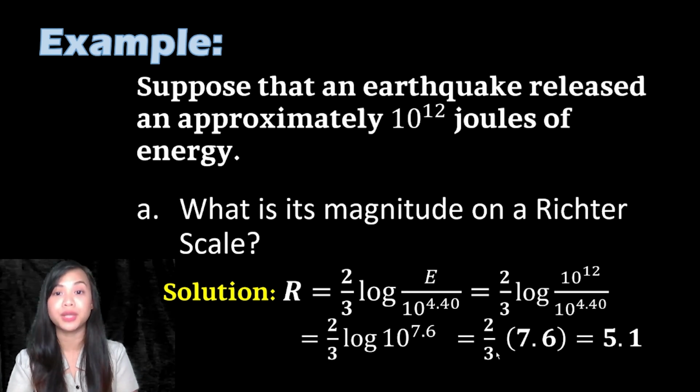So we have 2/3 times 7.6, and 2/3 times 7.6 is equal to 5.1.